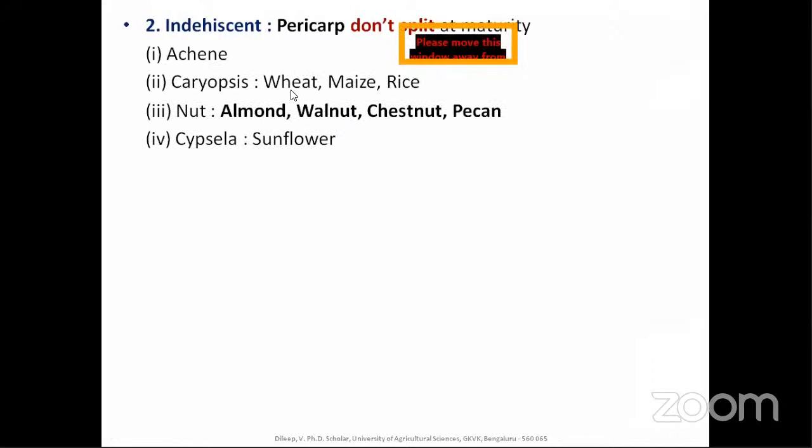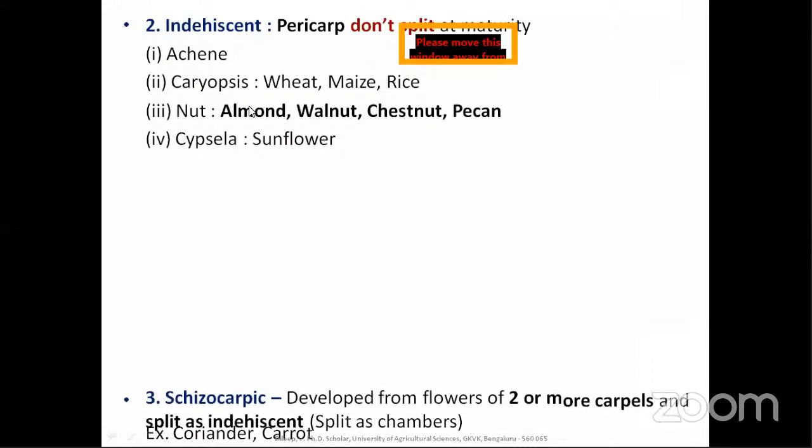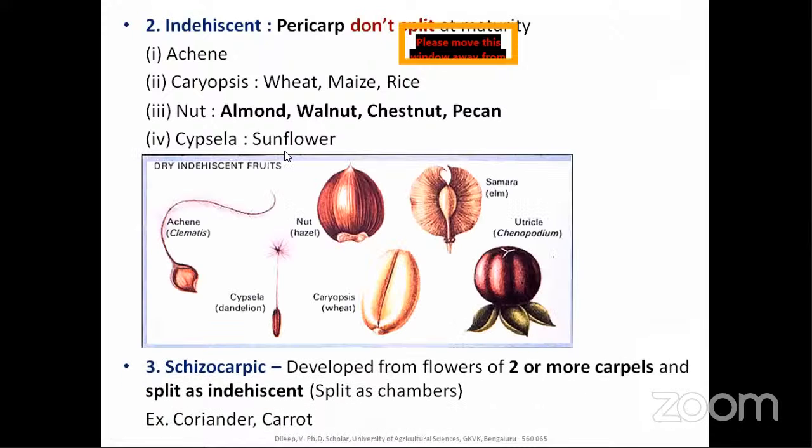Examples of these are achene, caryopsis, nut, and cypsela. You can see the diagram, it will be understood easily. Achene is the one you find when you see a strawberry, each one on the outer portion, the white, hard thing. Caryopsis includes wheat, maize, and rice. And nut includes almond, chestnut, and pecan nut. You can see it here.